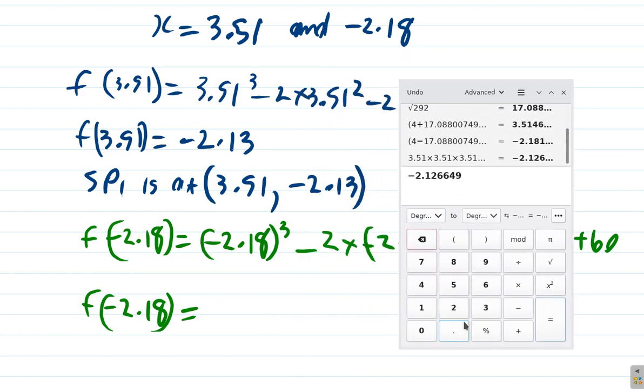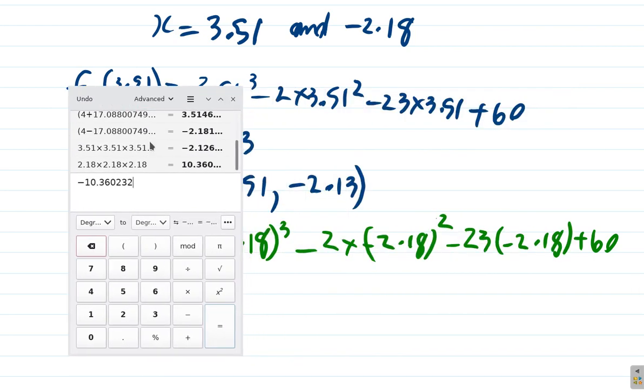Negative 2.18 cubed is going to be 2.18 times 2.18 times 2.18, and this will be a negative, because two of the negatives give you a positive, then the positive times the third negative gives you negative.